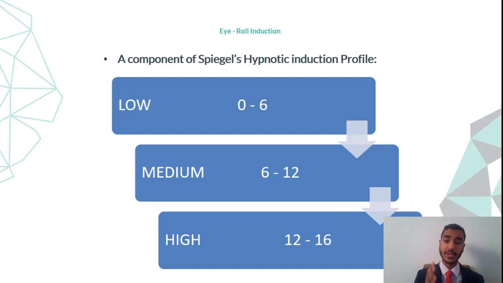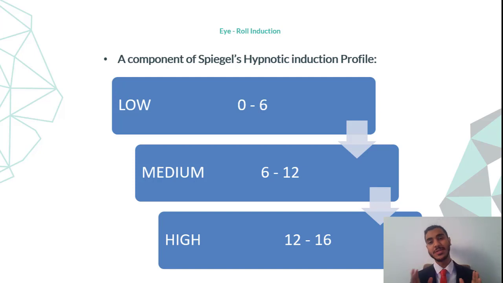And anything between 6 and 12 means they have a medium susceptibility, and of course 12 to 16 are the very highly hypnotically talented individuals who are able to go very deep very easily and are very susceptible to hypnotic induction and hypnosis in general.